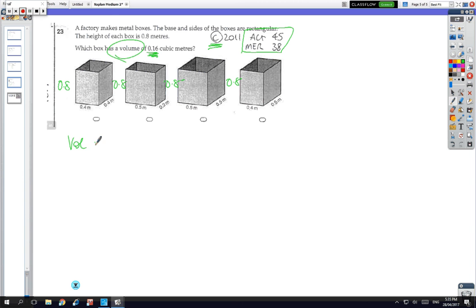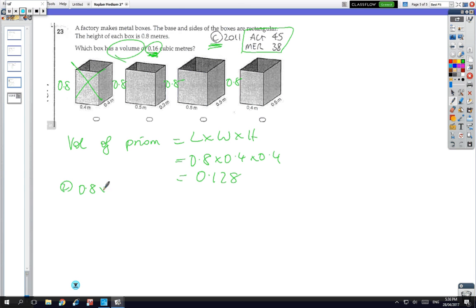Okay, so the volume of a rectangular prism is length by width by height. So for the first one, it's just 0.8 by 0.4 by 0.4, and I'll get my calculator out. 0.8 by 0.4 by 0.4 is 0.128, and we want 0.16, so it's not that one. Second one, 0.8 times 0.5 by 0.3 equals 0.12.